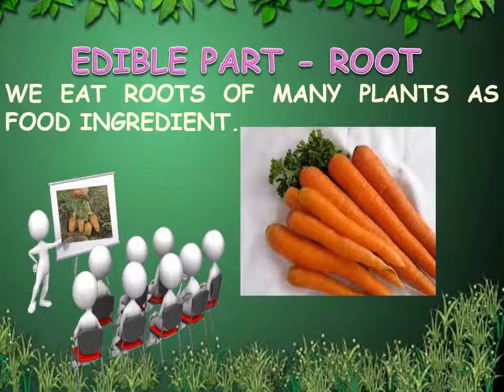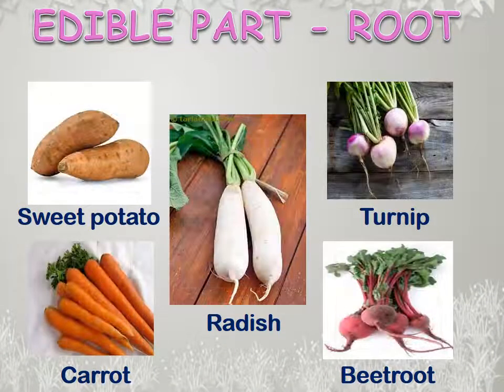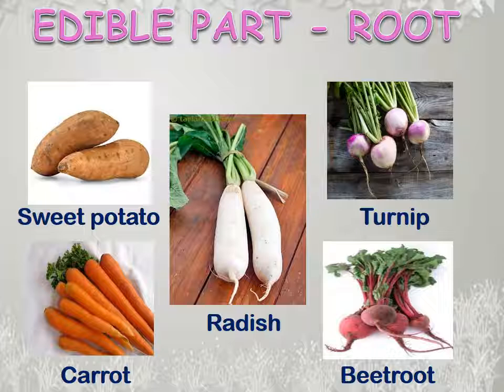Edible part, root. We eat roots of many plants as food ingredient. Some examples are sweet potato, carrot, radish, turnip, beetroot. All these plants have edible roots.